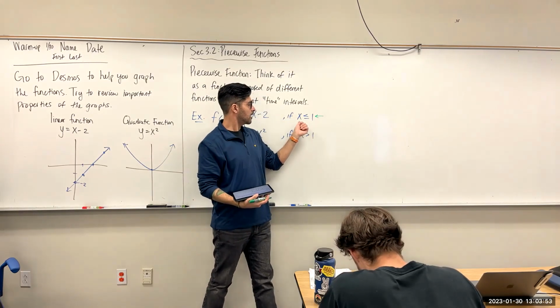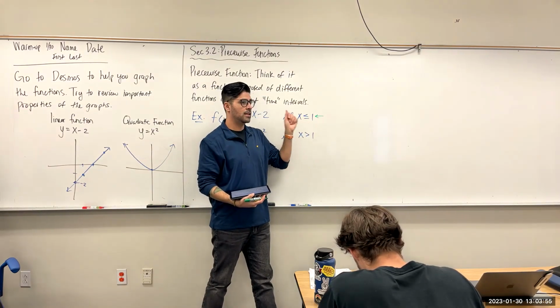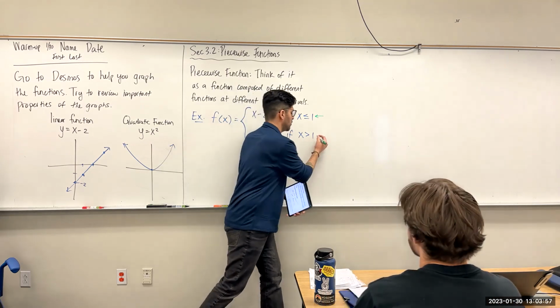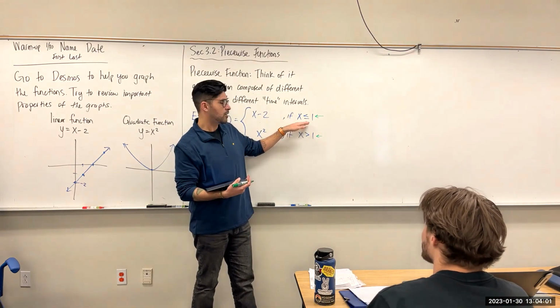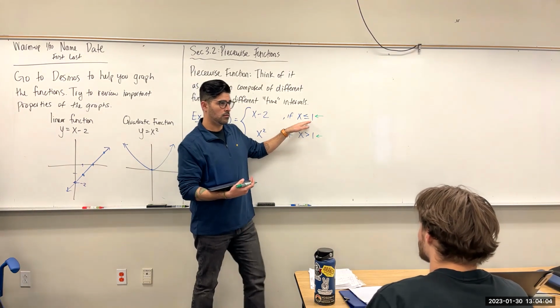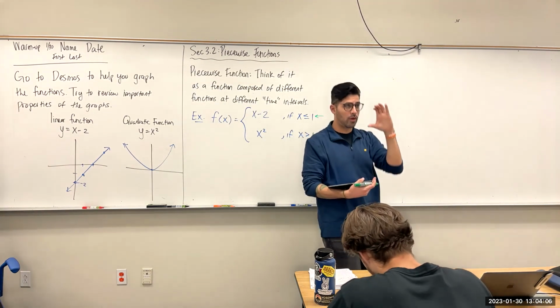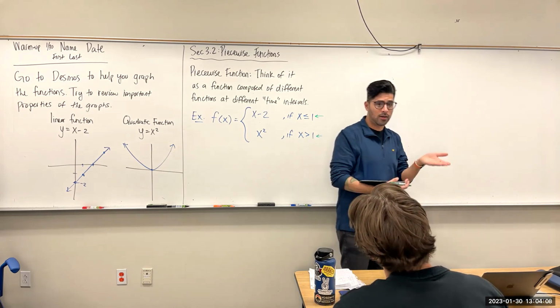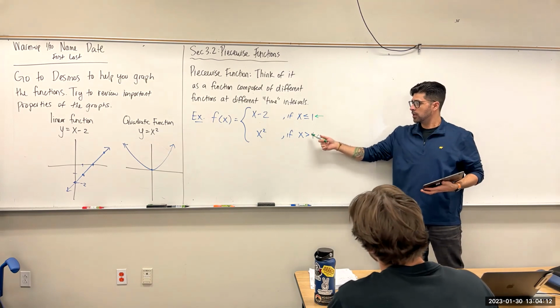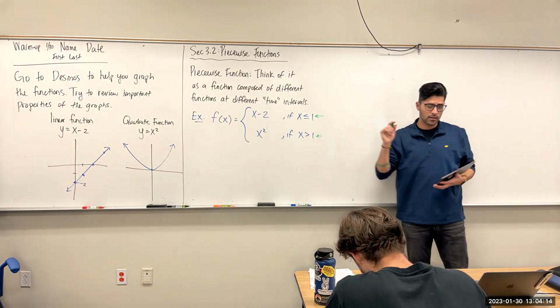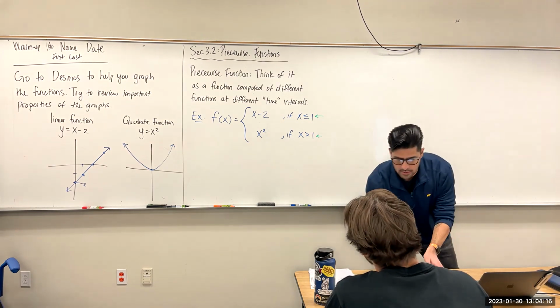How would I write x values less than or equal to 1 in interval notation? Can I have you guys do that super quickly just to review that? Remember, parentheses or square bracket, do I include an infinity? Do I not include infinity? Let me have you guys do that super quick.